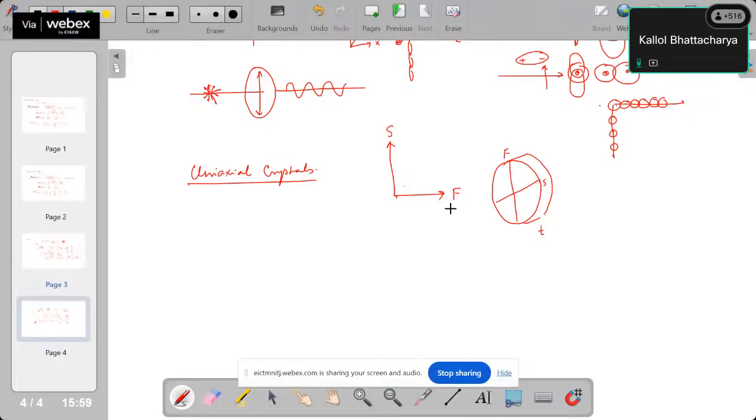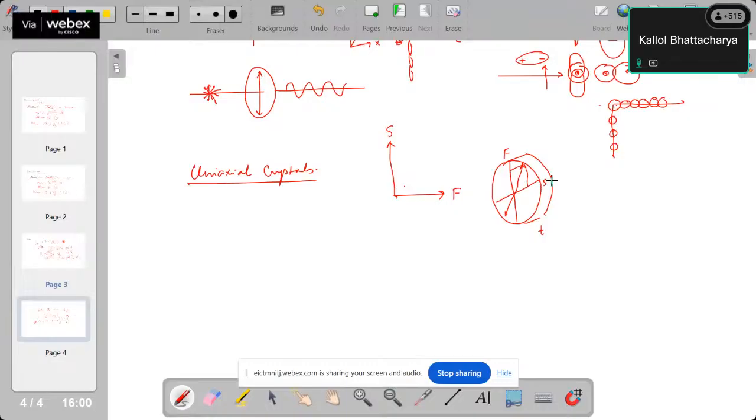Suppose linearly polarized light is incident on this retarder. This is my state of polarization of the linearly polarized light, a straight line. Then you have the x component and the y component. Light immediately breaks up into the x component and the y component, and these components will now travel with different velocities.